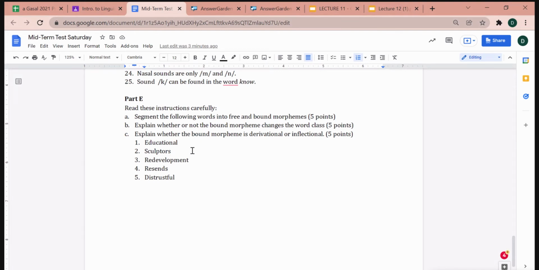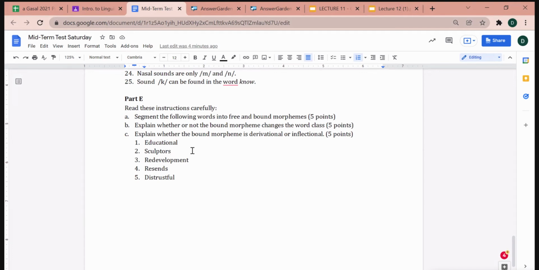Number 2, sculptures. The free morpheme is sculpt. The bound morphemes are or and s. Does the word class change? Yes. Which one is derivational and which one is inflectional? From sculpt to sculptor, from verb to noun.